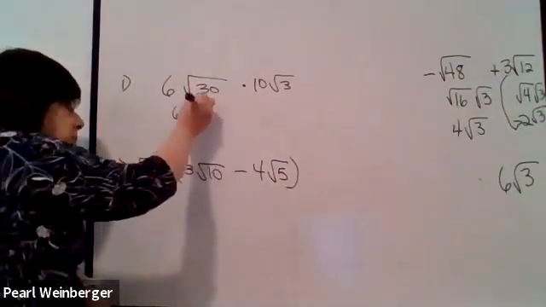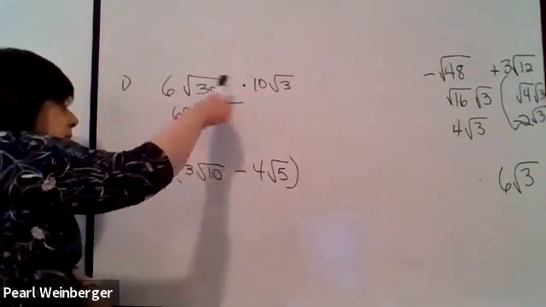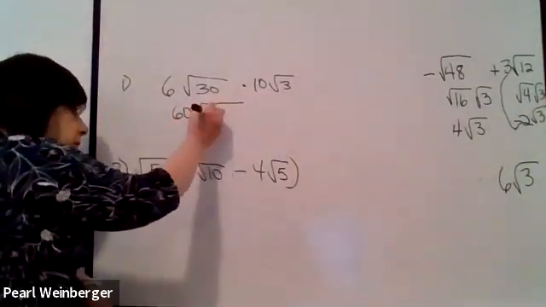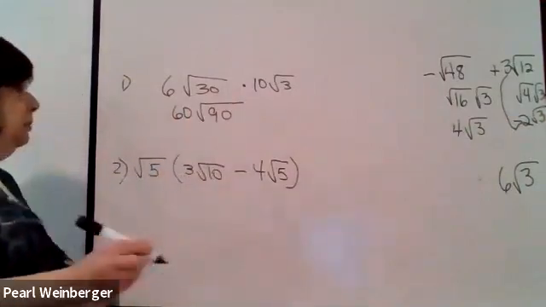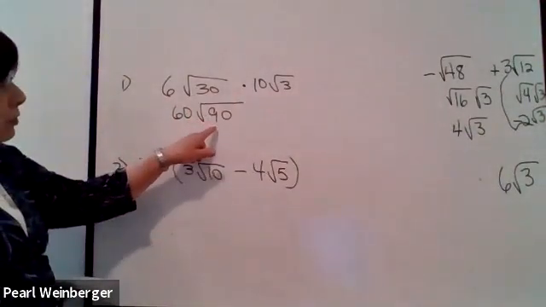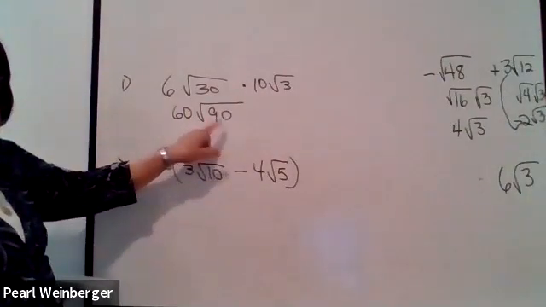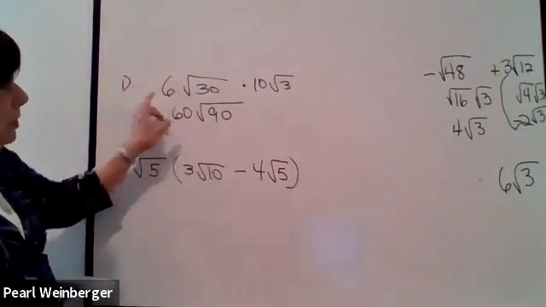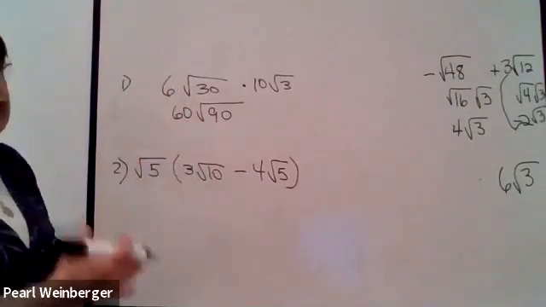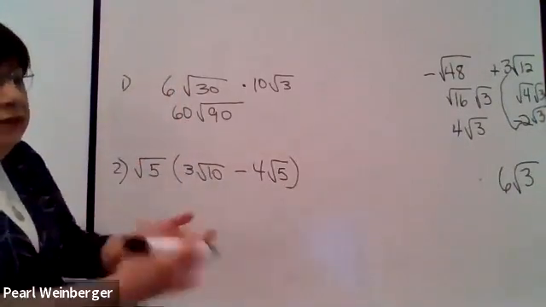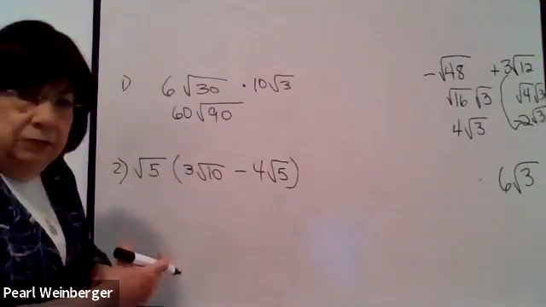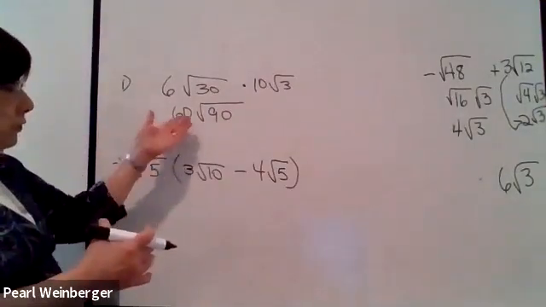And then I take the numbers that are inside the radicals, the 30 and the 3, and I multiply them. And I get 90. And I just want to see if I can possibly simplify the number that's inside the radical. Remember, the number that's outside the radical, I don't have to worry about simplifying. It's outside the radical. It doesn't need any simplification. It is in simplest form.